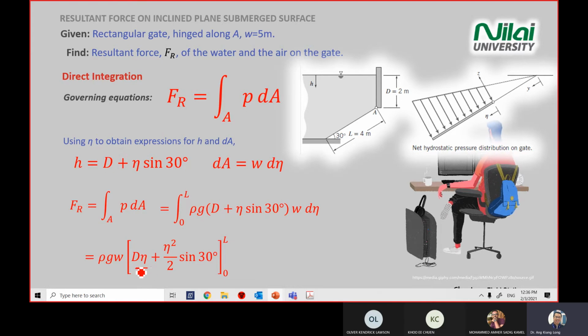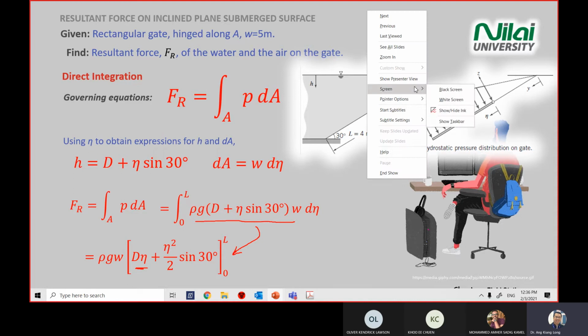The first term you get is dn plus n squared divided by 2 sine 30 degree, and then integrate L to 0. Now, this step to this step, I will leave it to your mathematics lecturer. I think you already know how to do integration. The rest is just mathematics steps, nothing linked with fluid dynamics.